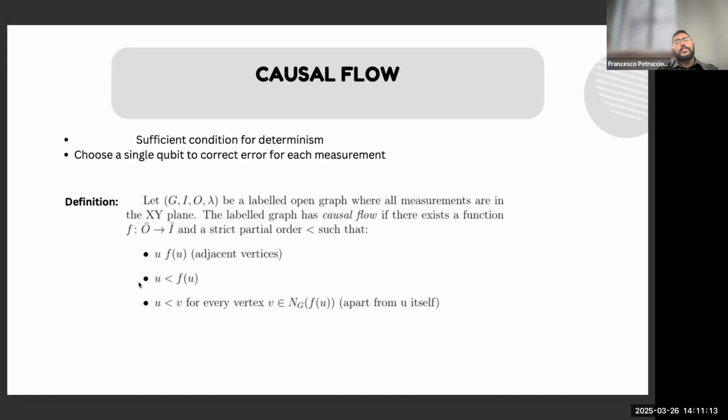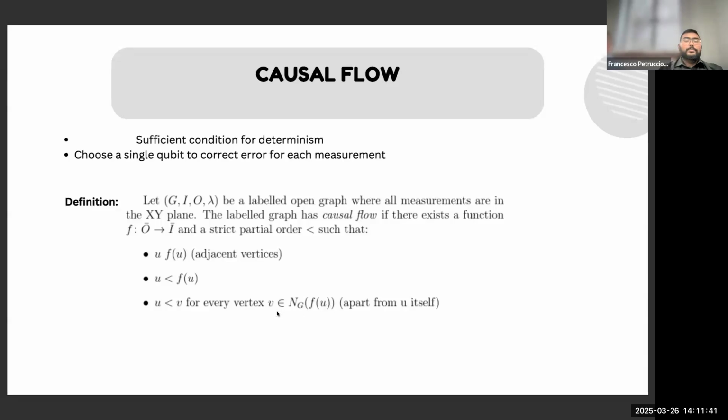The next condition is that we need to require that u is measured before f of u. So this strict partial order here is showing us in which order to do the measurement. And here we want u to be measured before f of u. And lastly, we want u to be measured before all vertices v that are neighbors of f of u apart from u itself.